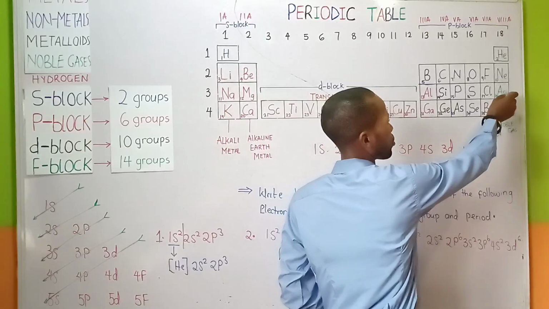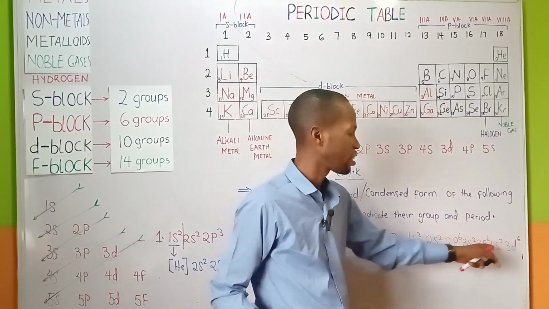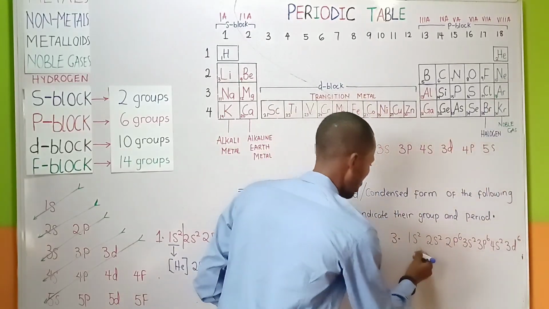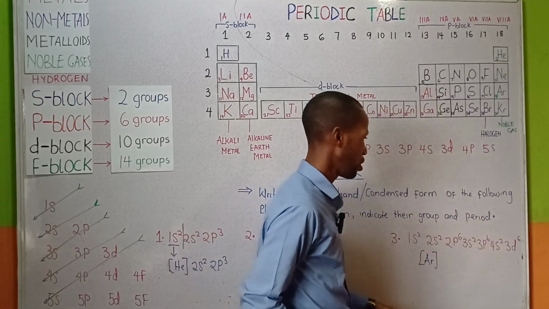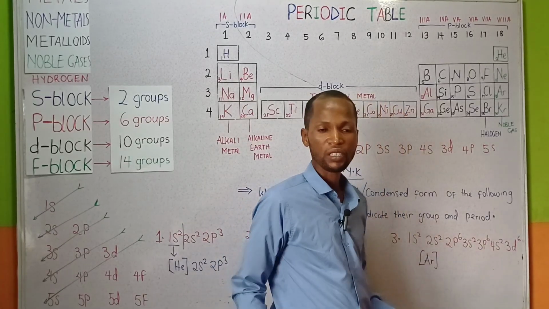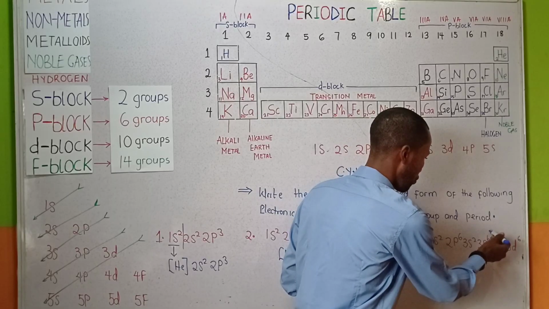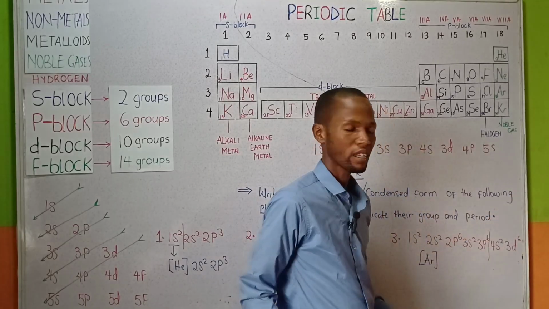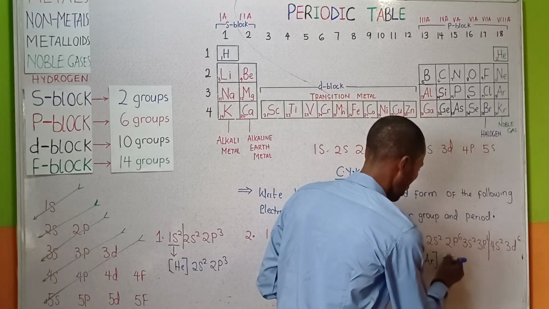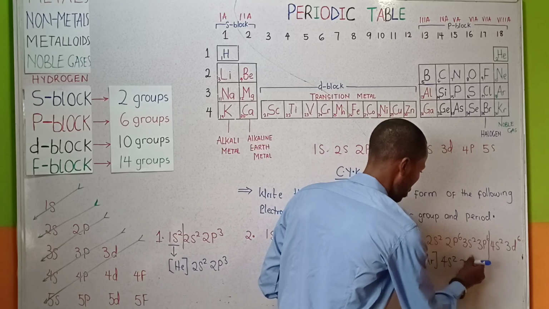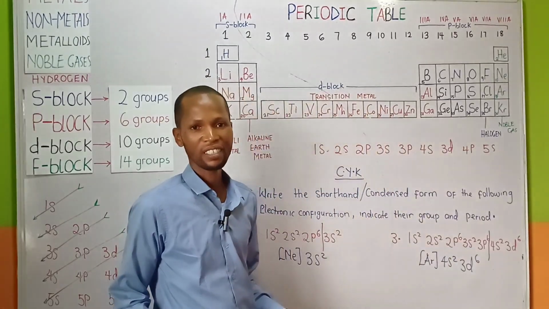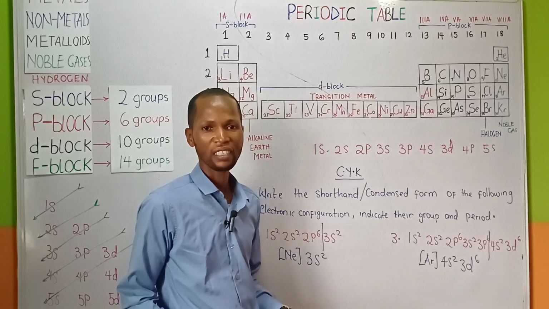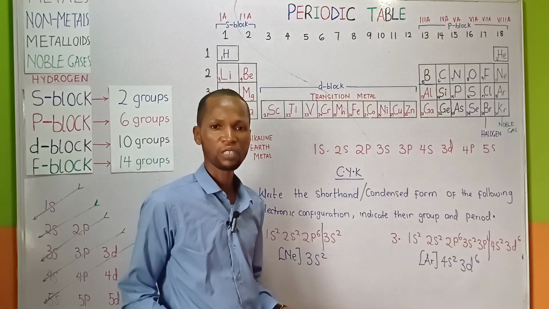So the noble gas that is contained in this configuration is argon, Ar, and argon has atomic number 18. Therefore, we have argon right here, so the valence configuration is 4s2, 3d6. Is that clear?